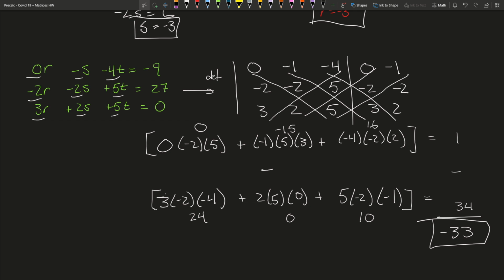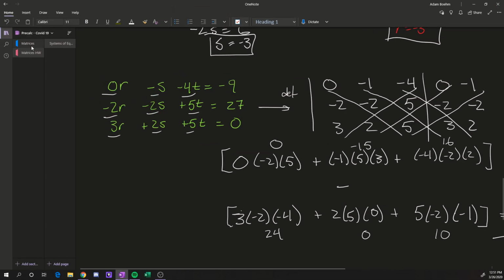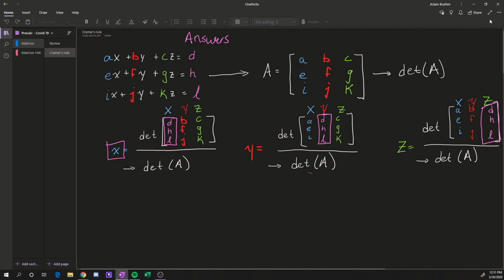Okay. So since there doesn't seem to be any questions, the next thing we need to do is to kind of put all this stuff together. And we do that with Cramer's rule.